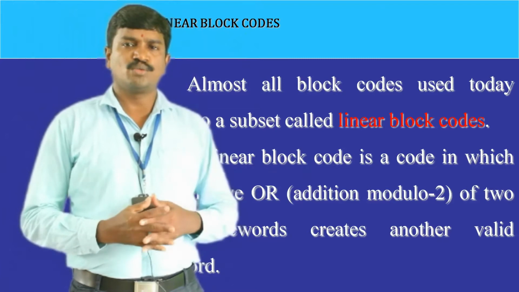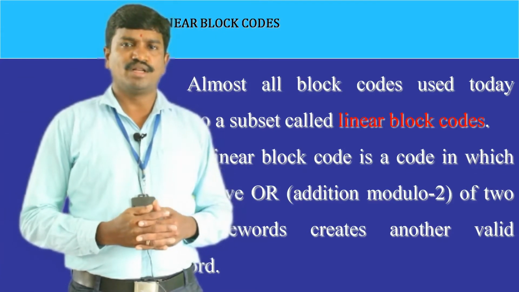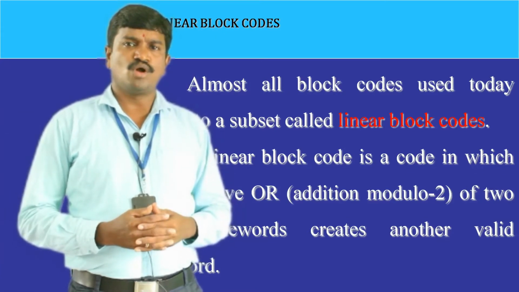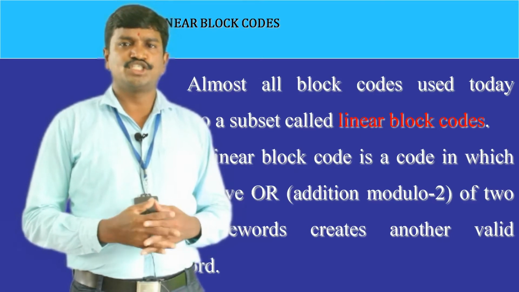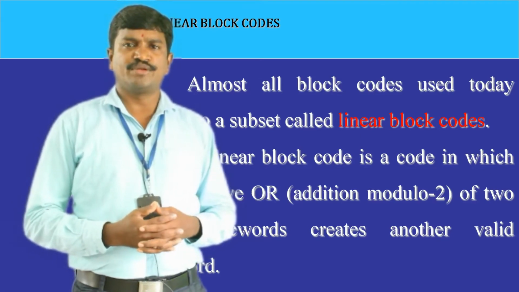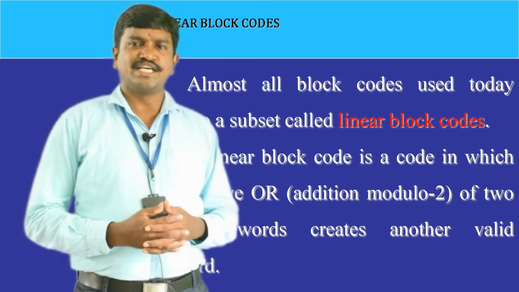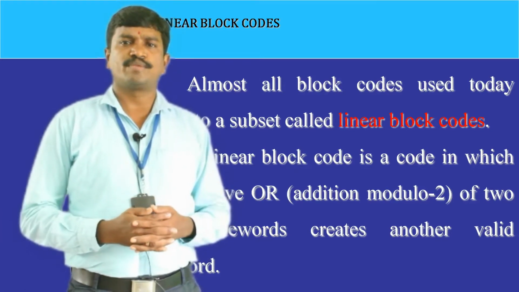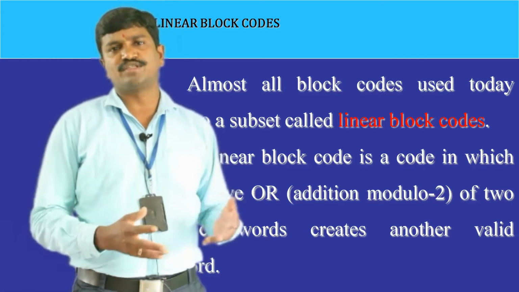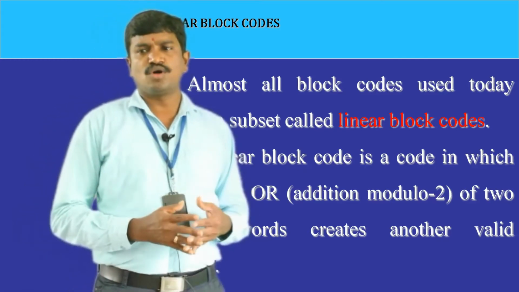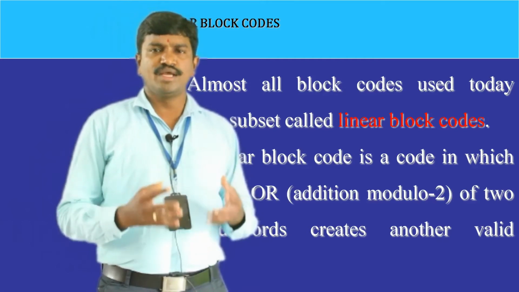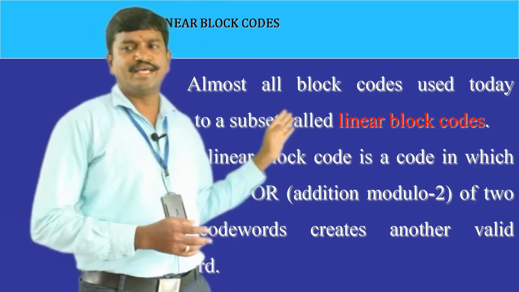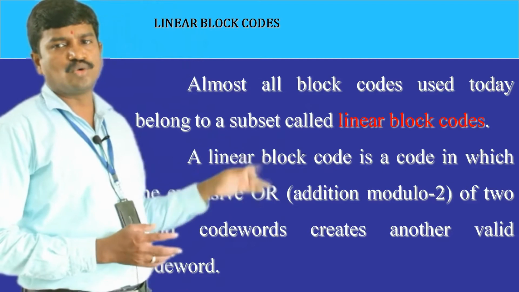In previous lectures we came across block coding, where the message is divided into equal-size data units of k bits each, and then redundant bits are added and code words are prepared. All these block codes come under a subcategory called linear block codes.